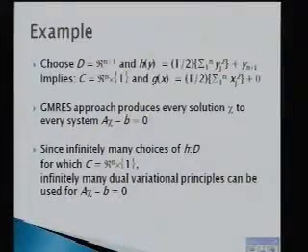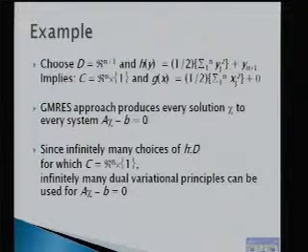So we choose D to be that, and this is that same example we did before, and we put that there, and the GMRES approach produces every solution chi to every system there. That's a proof.